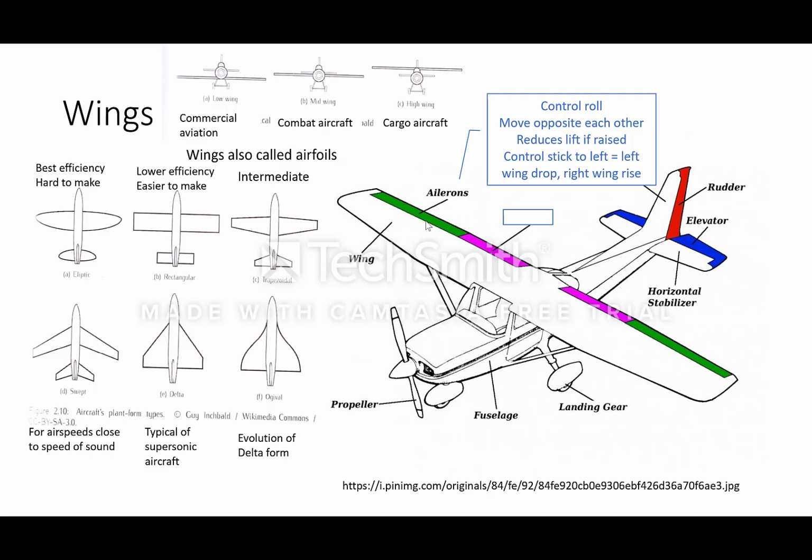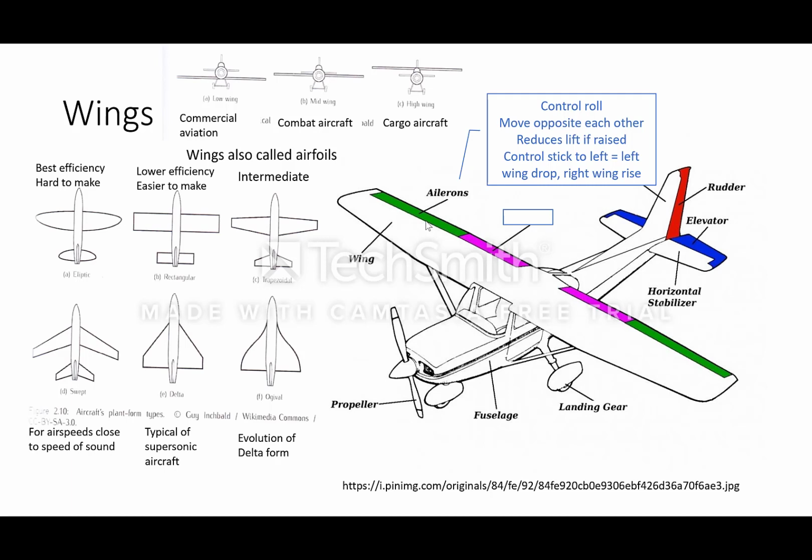If the pilot turns their stick to the right, it's equivalent to turning your steering wheel in your car to the right, then you put the right aileron up, and that increases the pressure above the right wing, pushing the right wing down and making the left wing come up with less pressure on top of it.